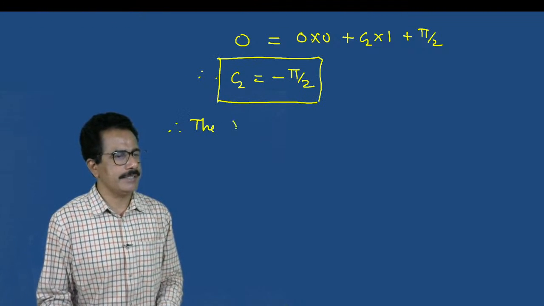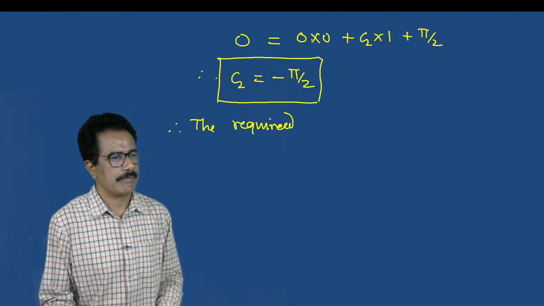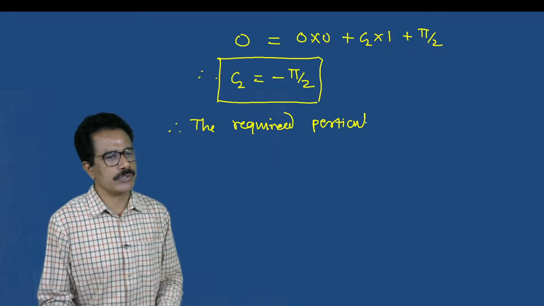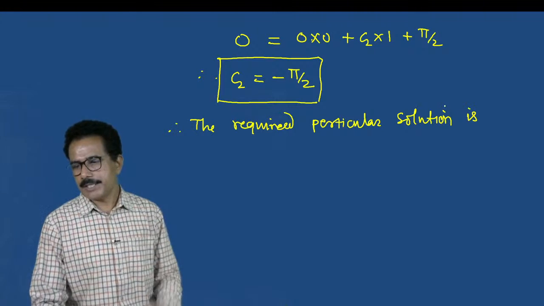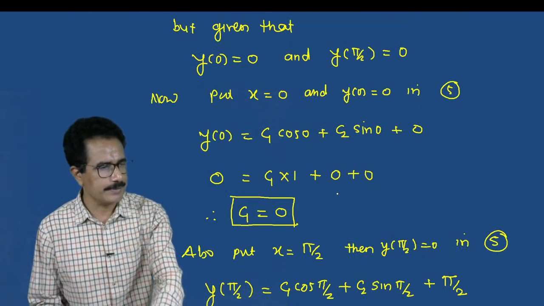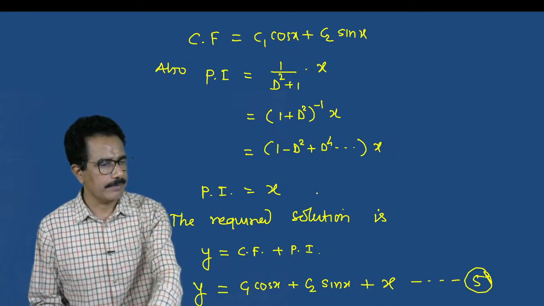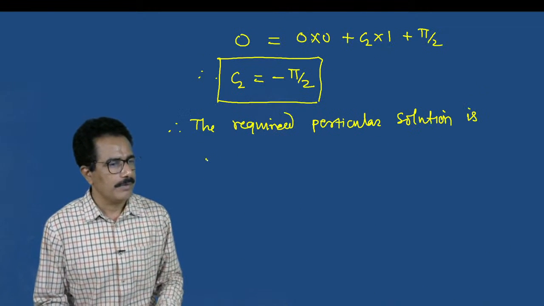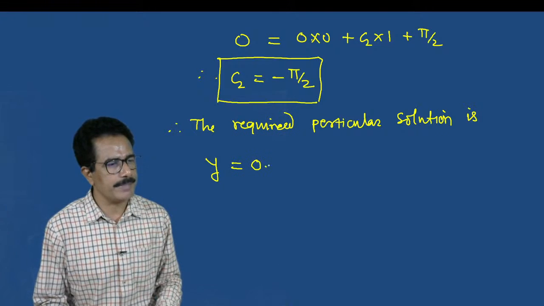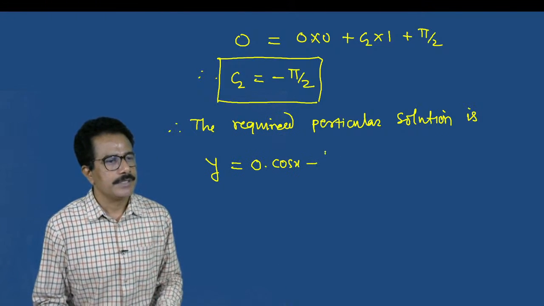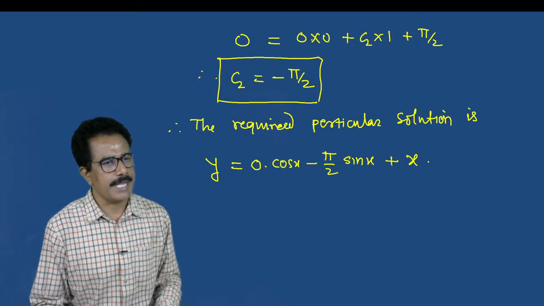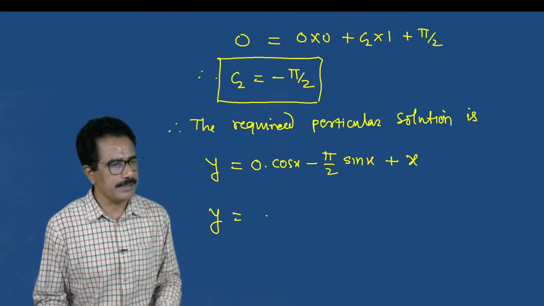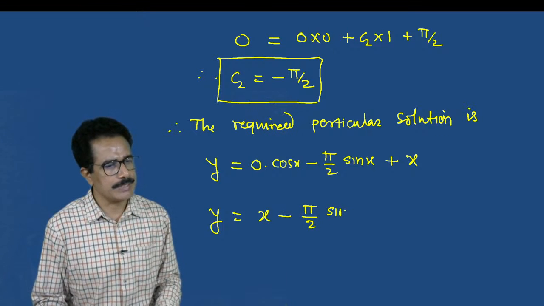Therefore the required particular solution is, what is that, students? The required particular solution is y is equals to c1, which is 0, cos x, c2, which is minus pi by 2, sin x, plus x, that is y is equals to x minus pi by 2 sin x.